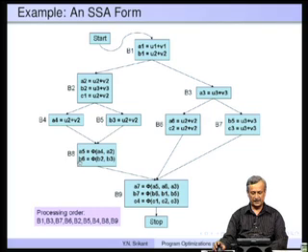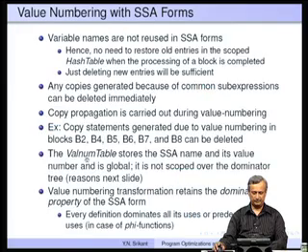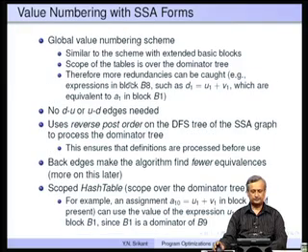So, if we had D1 equal to U1 plus V1, we could have used A1 as the value of D1 directly, that was possible. So, with the dominator as the leading theme, the scope of the tables is over the dominator tree, and therefore, we can catch a few more redundancies. We do not need any DU or UD chains, definition use or use definition chains or edges here. They were needed for the conditional constant propagation, but they are not needed here.